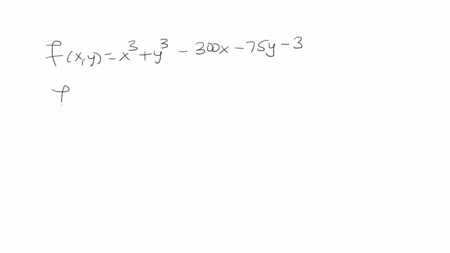Okay, next problem. Let's use the second derivative test to identify any critical points and determine what each critical point is. The function is x cubed plus y cubed minus 300x minus 75y minus 3. Let's take the partial with respect to x, and then we'll do y.